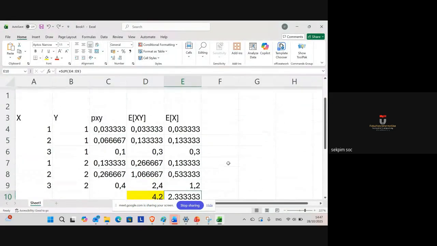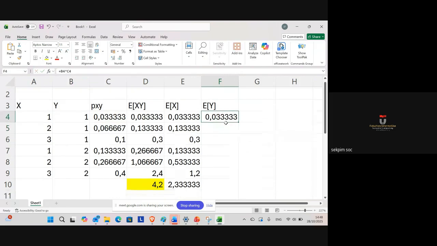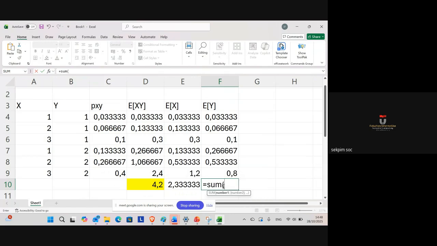Okay, and so for the expectation of y, it equals y times the joint probability, and we take the sum of it.